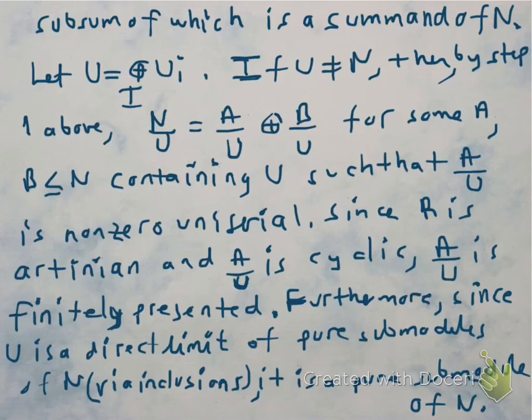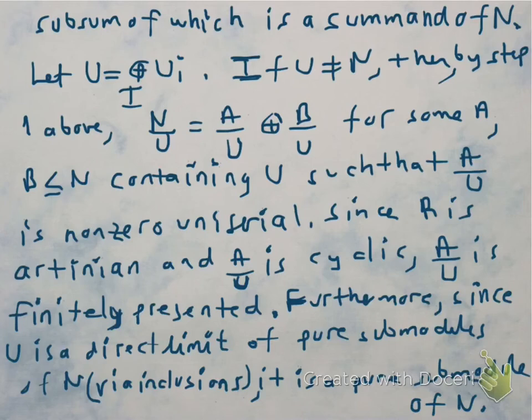So where is the pure sequence here? Well, look at this U. U can be viewed as the direct limit of some pure submodules of N via inclusions, and these pure submodules are basically the direct summands formed by taking finite direct sums of the UIs. So in other words, U is the direct limit of finite subsums of UIs.